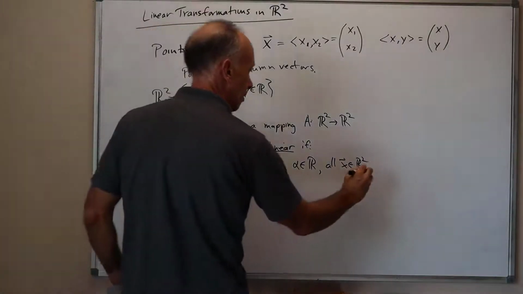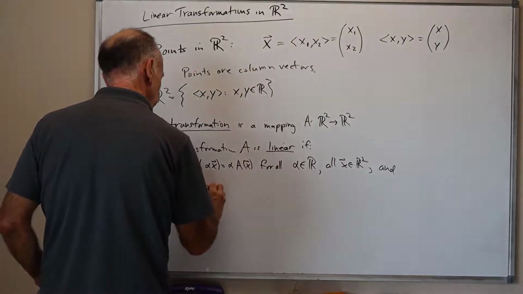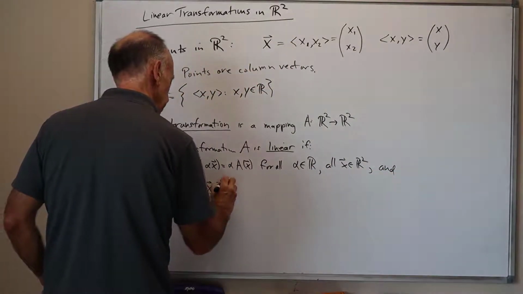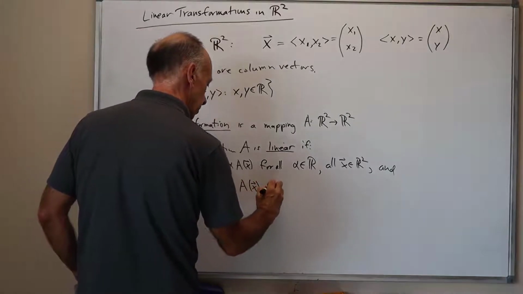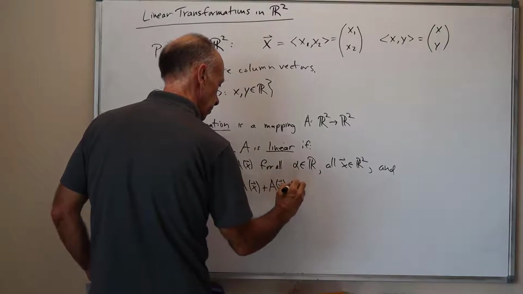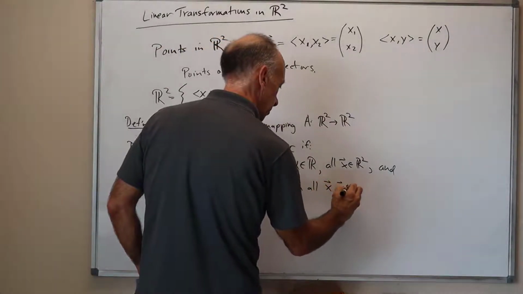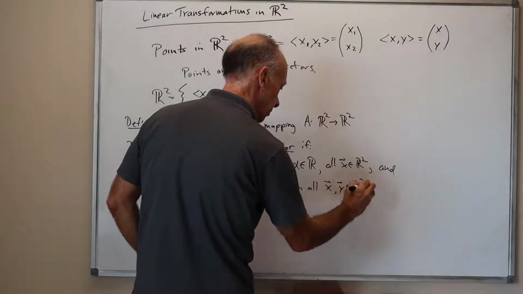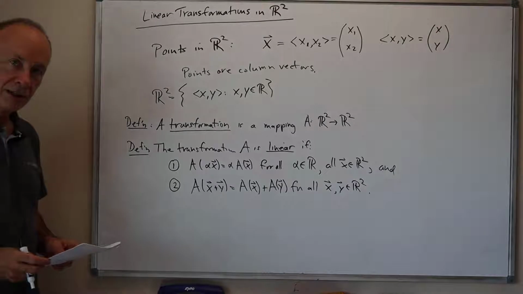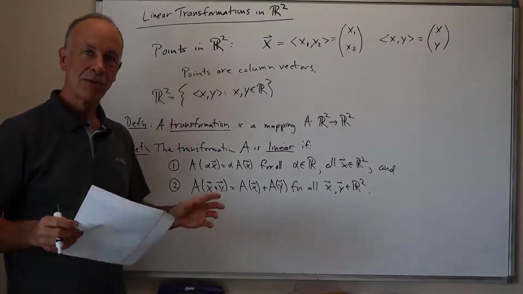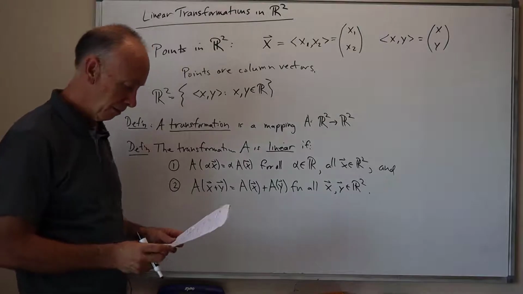And also, A of x plus y equals A of x plus A of y, for all points x and y in R2. So this is a linear transformation. This is just the same thing as the usual linear transformations like you learned about in linear algebra. There's nothing very new here.